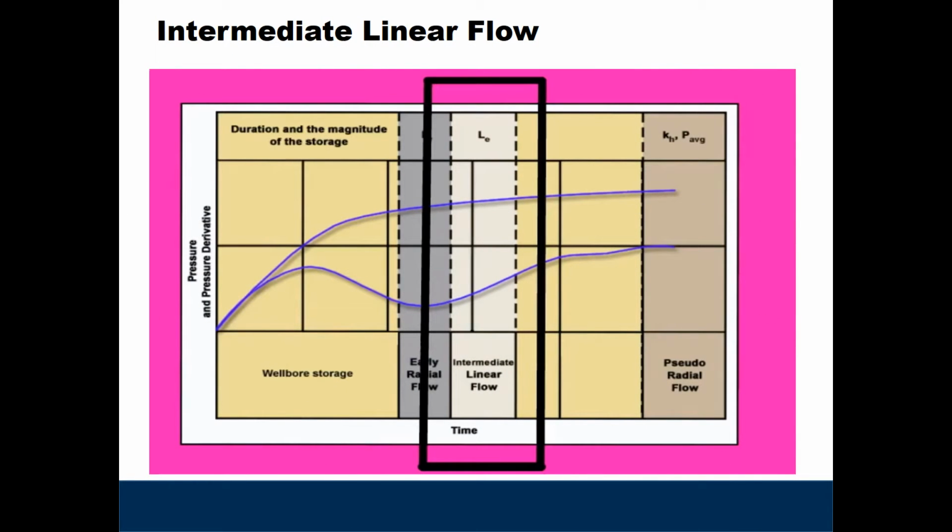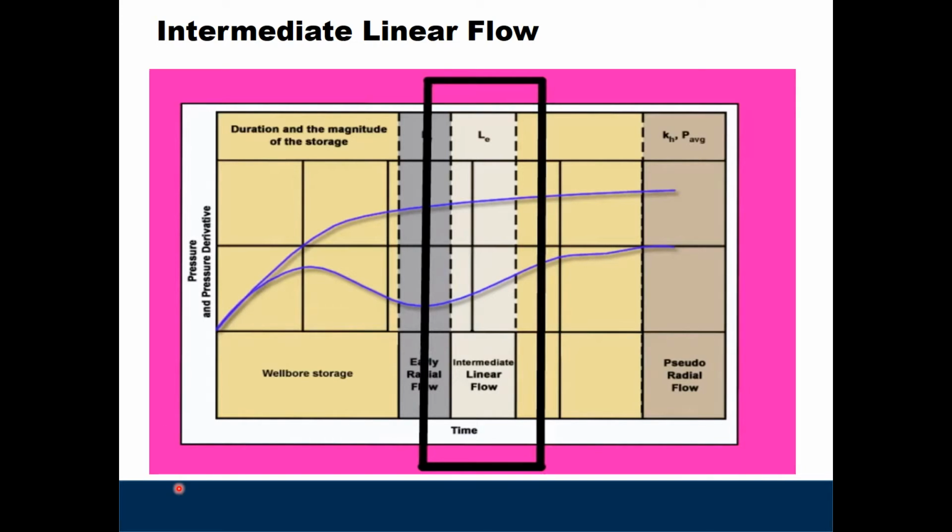Next is the linear flow. You can see the intermediate linear flow in this region after the early radial flow, and the pressure buildup shows a linear gradient upwards.